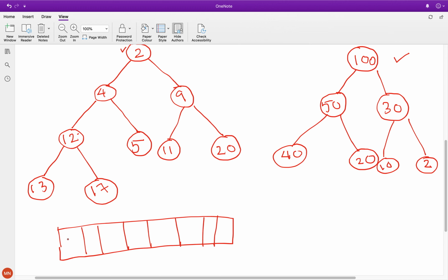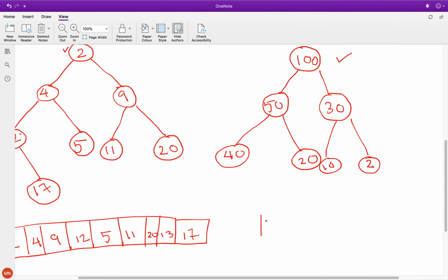So first I will have value 2, then I will have the value 4, then I will have value 9, then 12, then 5, 11, 20, 13, then I have the number 70.